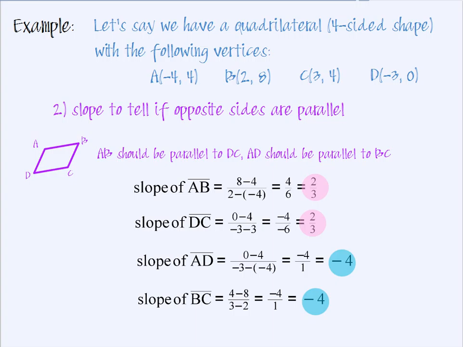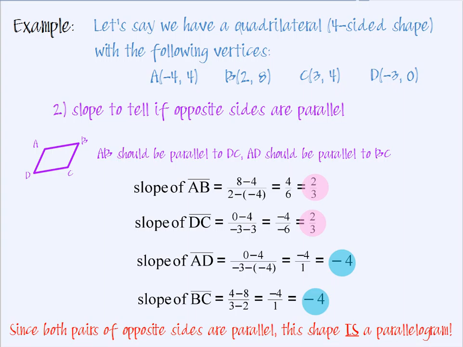We'll be okay. And since I have both pairs of opposite sides that are parallel to one another, this shape is definitely a parallelogram. Pause the video if you need more time to take these notes.